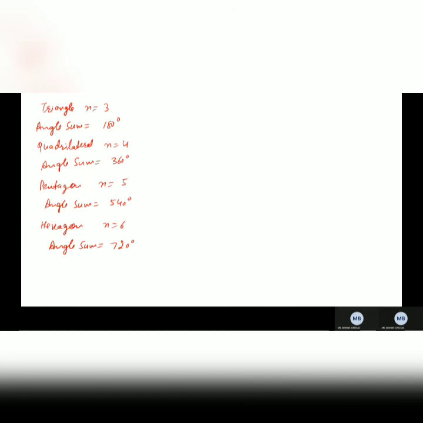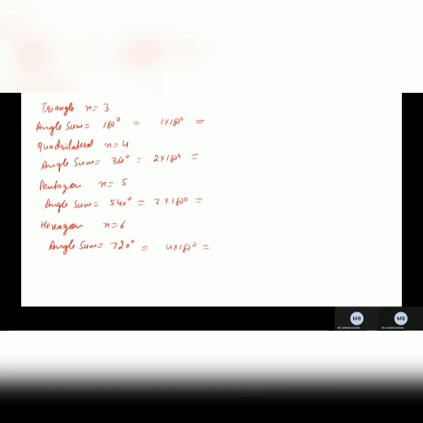You can see 180 is multiplied by 1 and 360 is multiplied by 2. When we multiply 2 with 180, you will get 360. So I can write it like 1 into 180, then 2 into 180, then 3 into 180, and 4 into 180. Now I will apply a little bit more algebra to this.